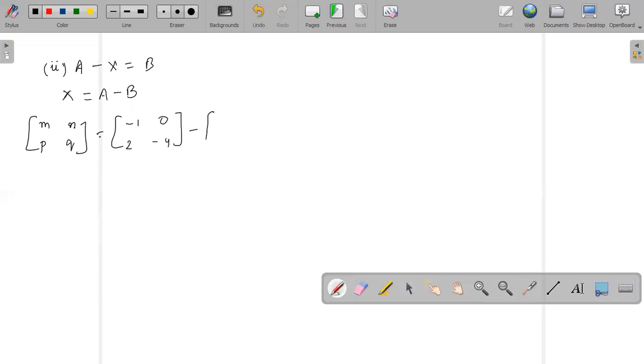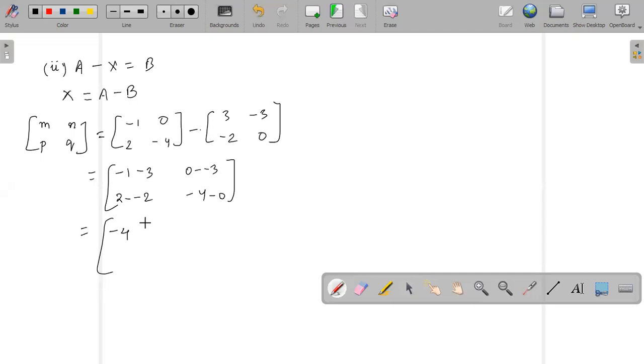A is -1, 0, 2, -4 minus B, B is 3, -3, -2, 0, and solve बस कर देना है हमें. So -1 -3, -3 2 -2 and -4 -0. आई होप तुम लोगों ने भी अपने से जो सॉल्व किया है बिल्कुल इसी तरह किया है, एंड योर आंसर इज द सेम.